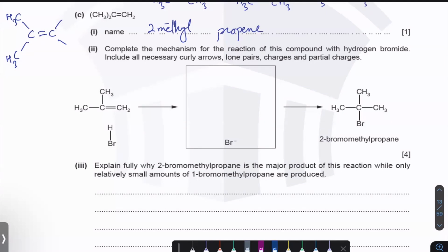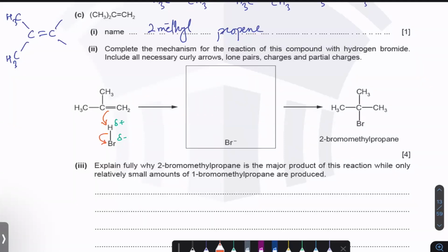Again, for the mechanism, the first step is identifying where the negative charge is and where the positive charge is. These are pi electrons, so they are rich in negative charge. Because of them, this will get a slightly positive charge and this is slightly negative. Anyway, this is a polar bond. Now the electrons attack the positive and the other electrons run away.